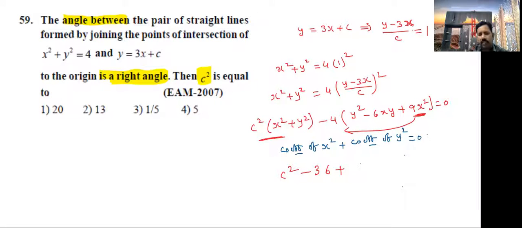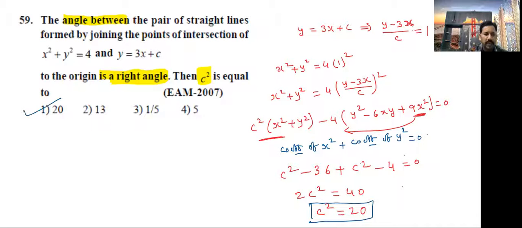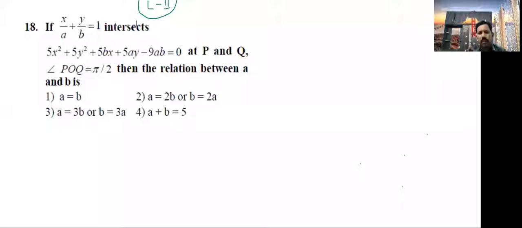Now the coefficient of y square: c square minus 4 is equal to 0. 2c square is equal to 40. Then what is the c square value, students? 20. They are asking only the c square value. C square value is 20. Which option is correct? First option is correct.